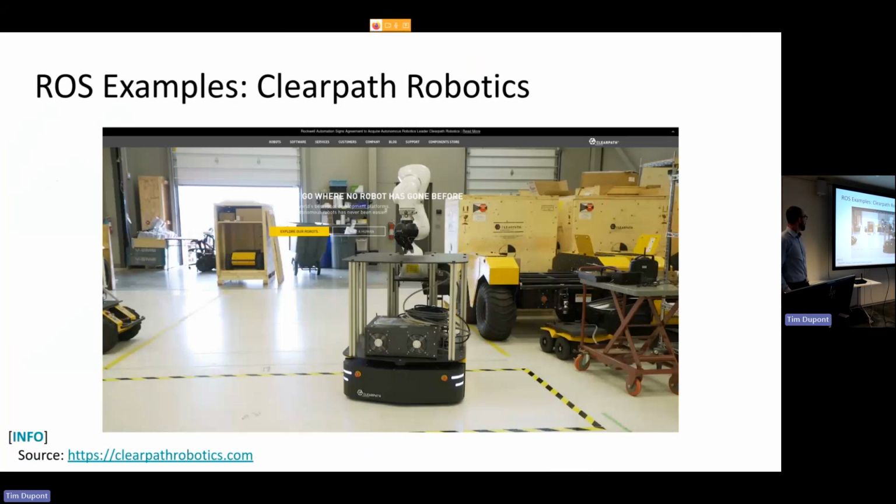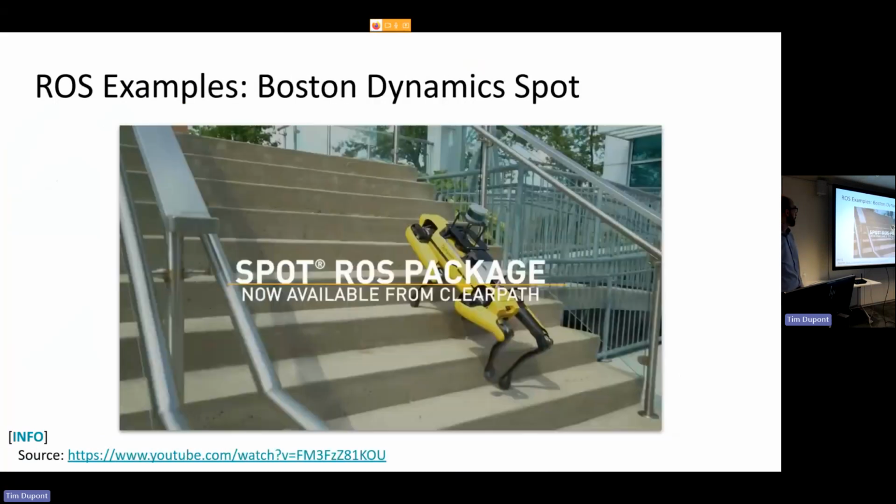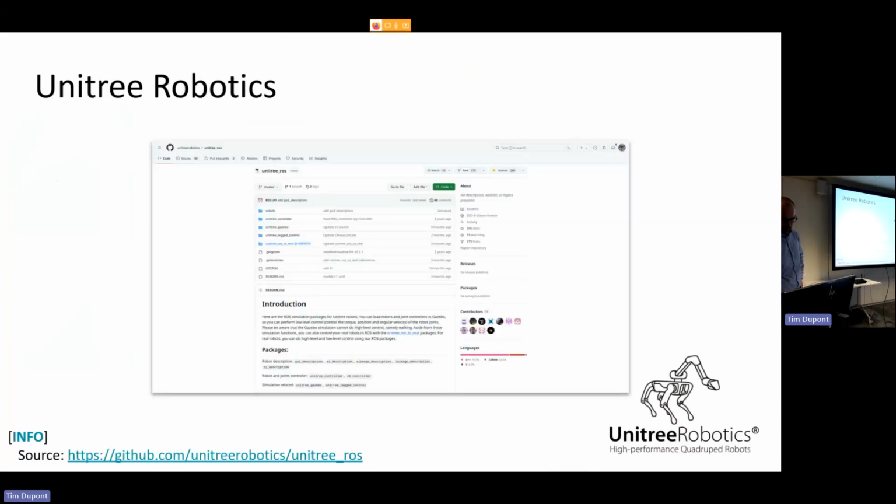Clearpath Robotics has a few interesting AMRs. They also provide the ROS package for the Spot from Boston Dynamics. Boston Dynamics has its own SDK for C++ and Python, but Clearpath Robotics incorporated it into ROS, so you can use ROS with the Spot.